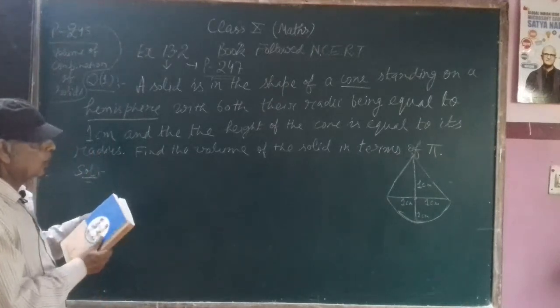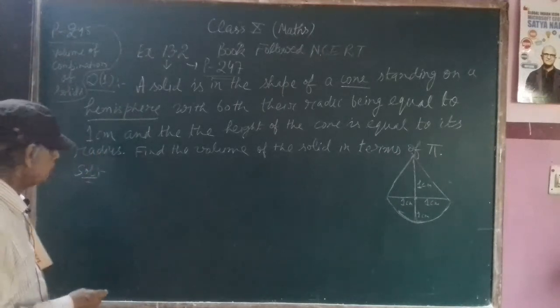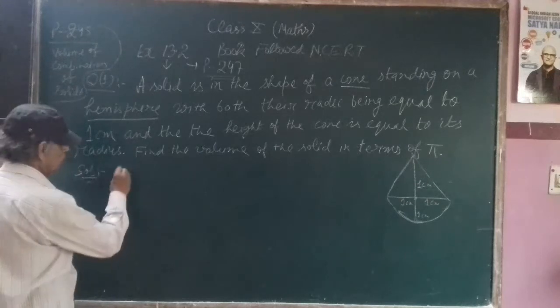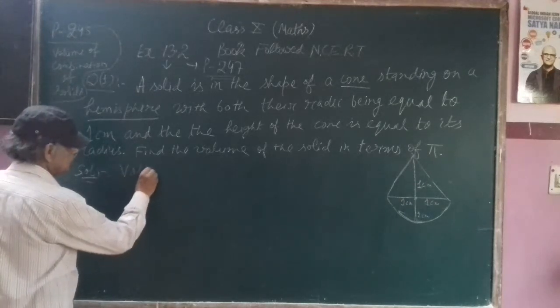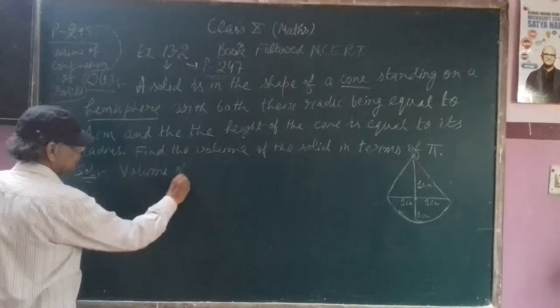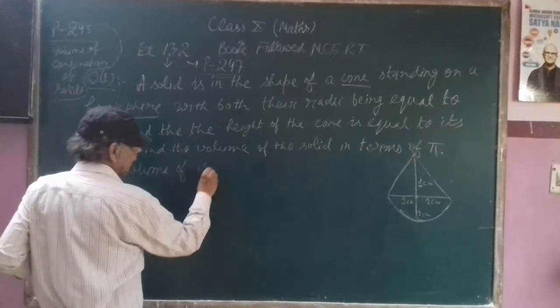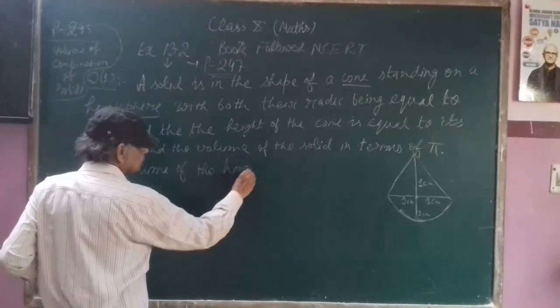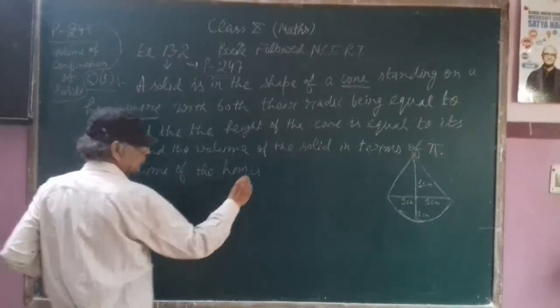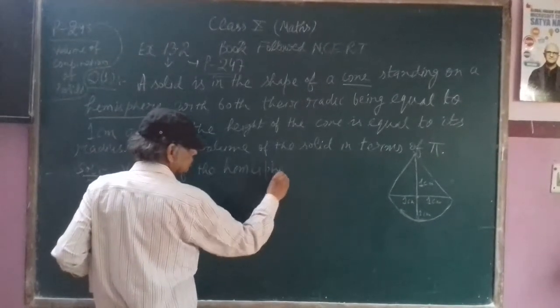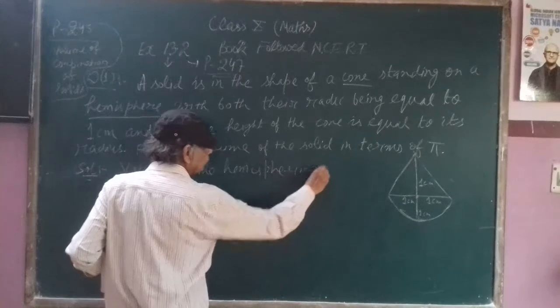If you go to the hemisphere, which is at the bottom, you can find its volume. What is the formula for the volume of the hemisphere? Volume of the hemispherical portion at the bottom.